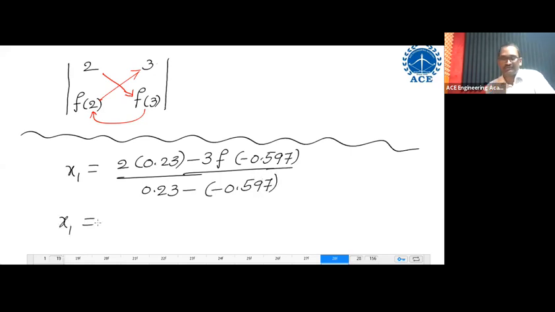Simplify this and let me know the value. Someone has found it. Yes, good. 2.71, 2.721. Please let me know the value.